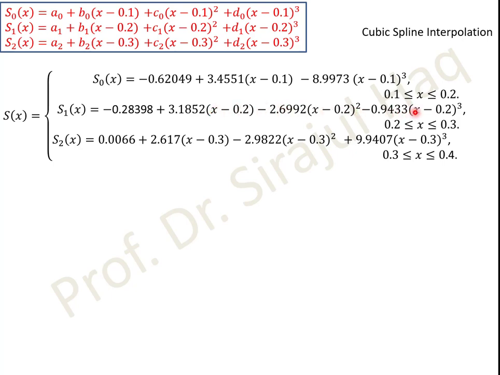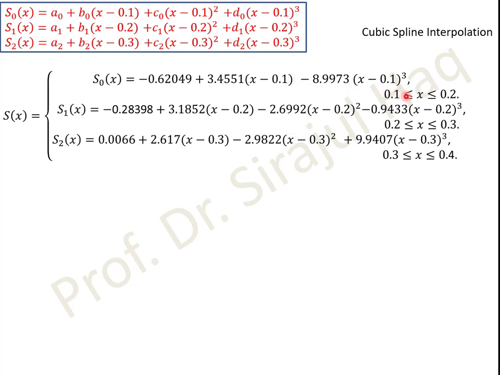And similarly, if you are looking for the value of the function at a point which lies between 0.3 and 0.4, replace X by that value in S2 and you will be getting the approximated value of the function, which is the interpolation you were looking for.